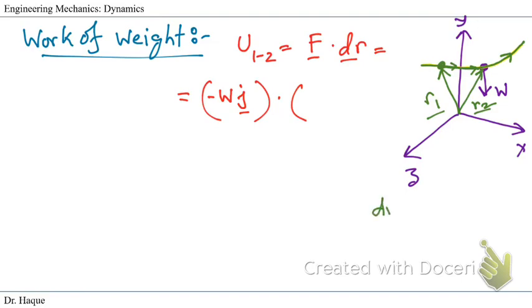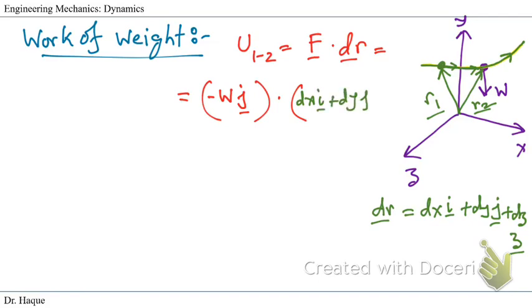So if we say the dr vector is dx in the i direction plus dy in the j direction plus dz in the z direction, we will have a multiplication between dx i plus dy j plus dz in the z direction.